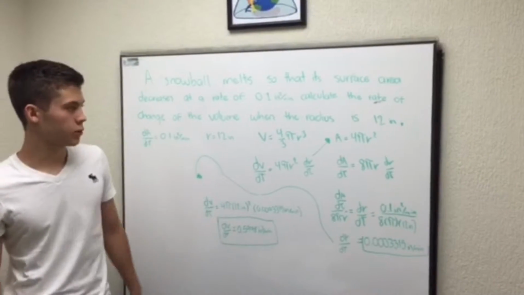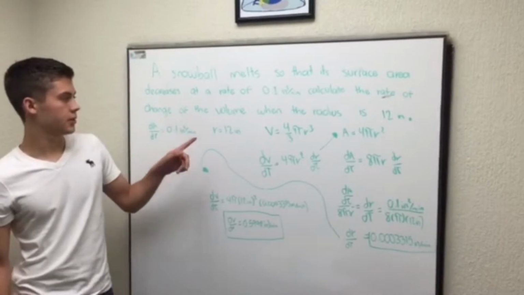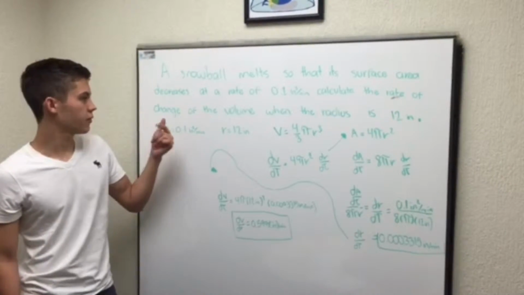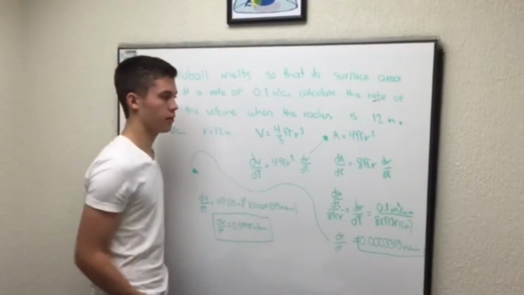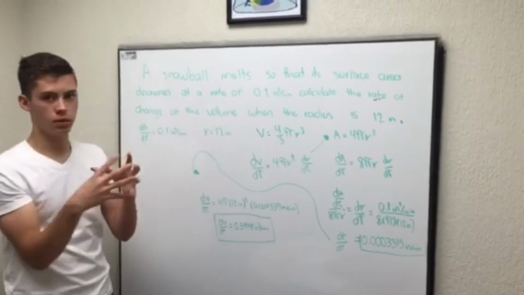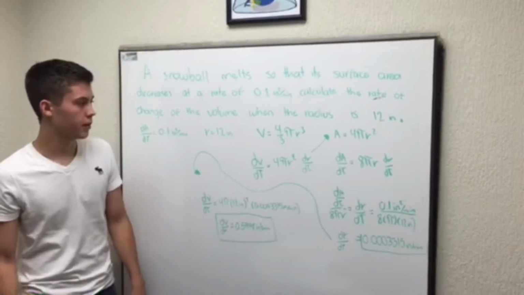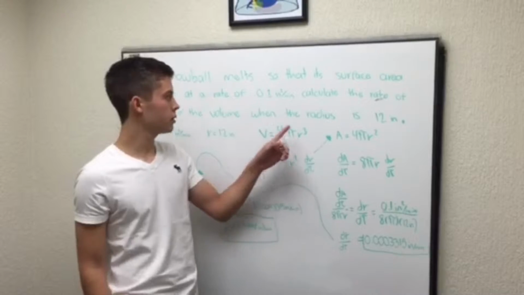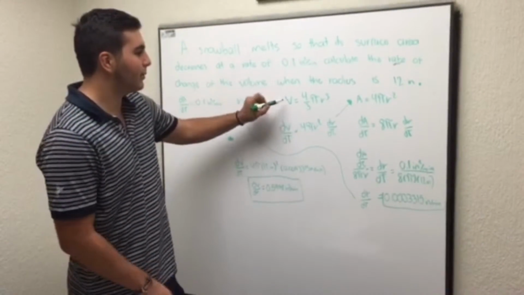Well, now the formulas we need to use to solve the problem: since the problem asks us to calculate the rate of change of the volume, we use the formula of the volume of a sphere, because a snowball is like a sphere, and it's 4/3 times pi times radius cubed. But we need to derive the formula of the volume.